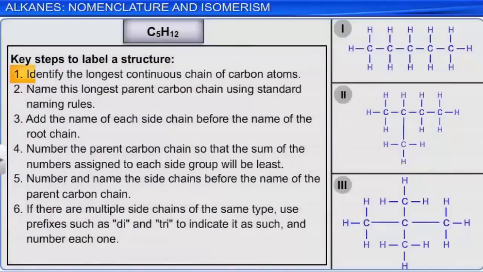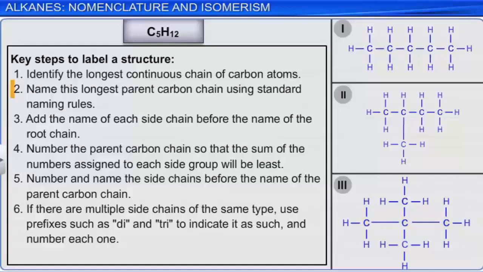Now, first identify the longest continuous chain of carbon atoms. Structure 1 contains 5 carbon atoms. Structure 2 contains 4 carbon atoms. And structure 3 contains 3 carbon atoms in the parent carbon chain.